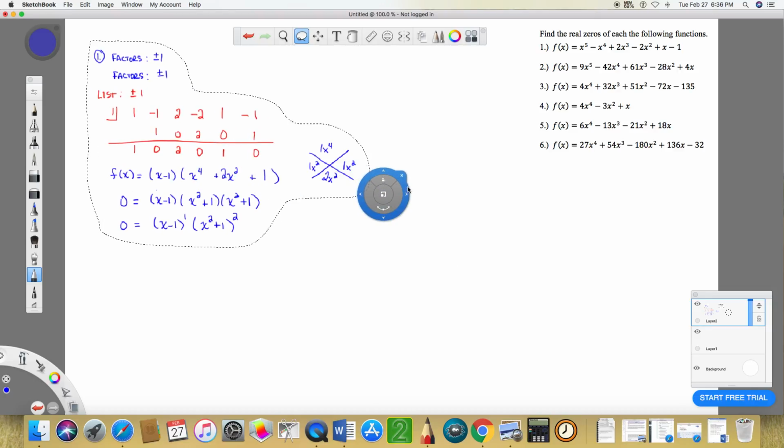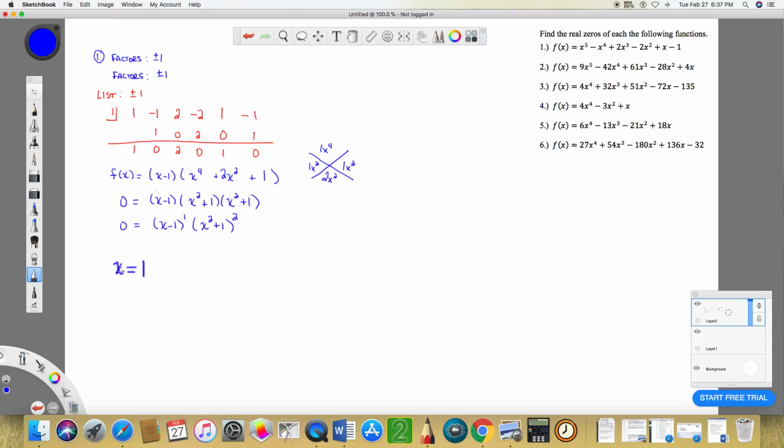Now x squared plus 1, we can't factor that any further. So if these 3 factors, when multiplied together, give us a 0, it has to be because x is equal to 1. The x squared plus 1 will never equal 0 because x squared within the set of real numbers will never be -1.